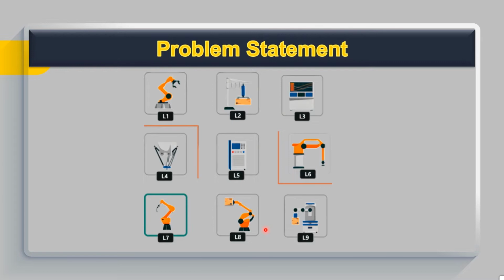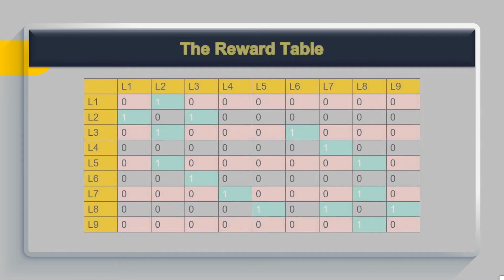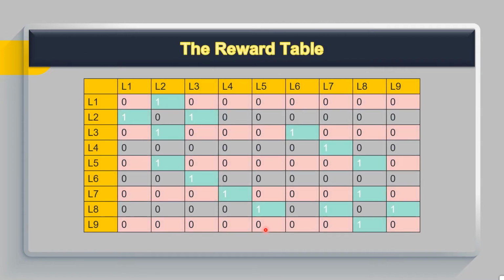It enables the robot to make sense of the movements, helping them in deciding what locations are directly reachable and what are not. Now, with this, we can construct a reward table which contains all the required values mapping between all possible states.